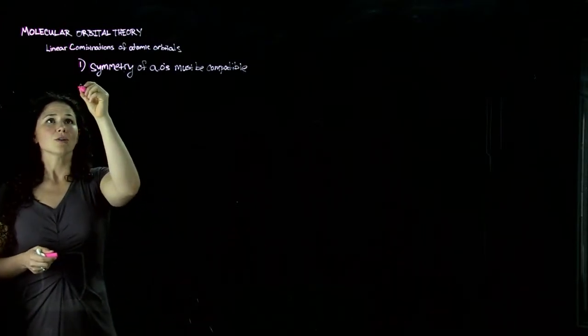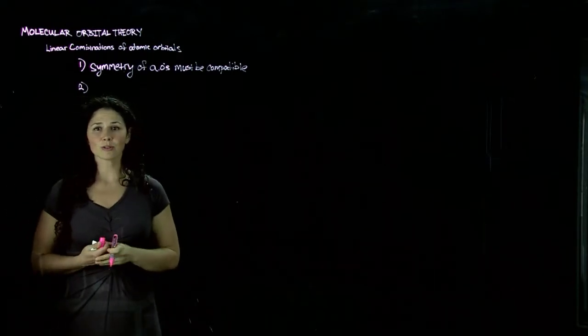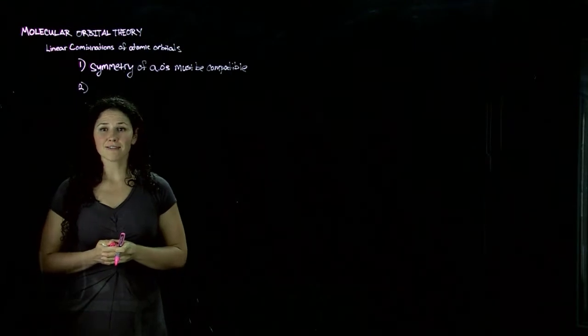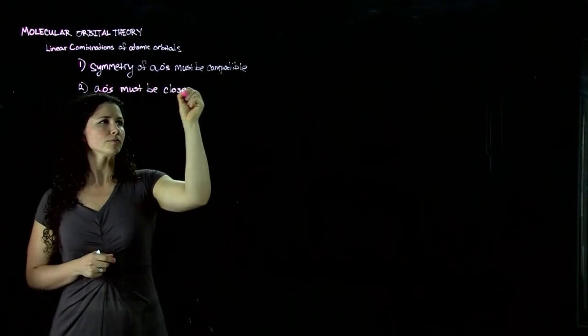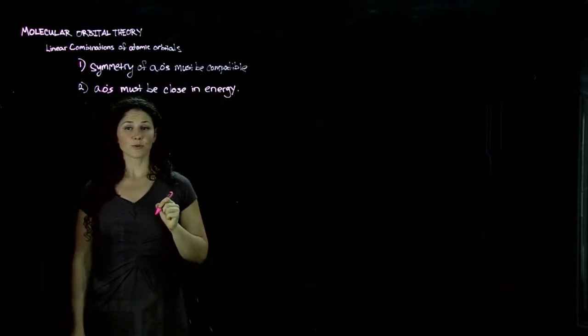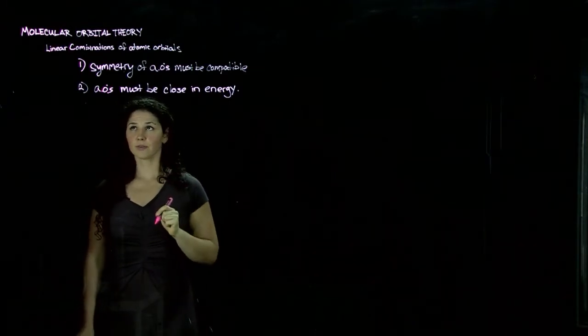And the second major rule is that in order to combine, atomic orbitals have to be able to overlap, and that means that they have to have similar energy levels. So in order for two or more atomic orbitals to combine, these two things need to be true.